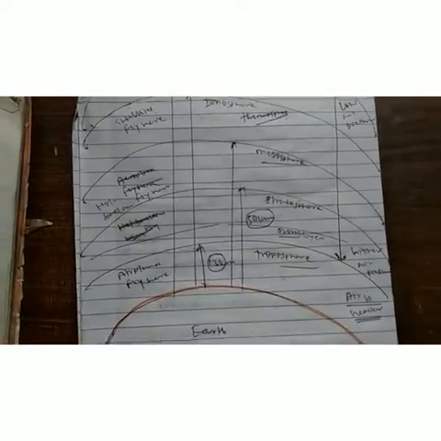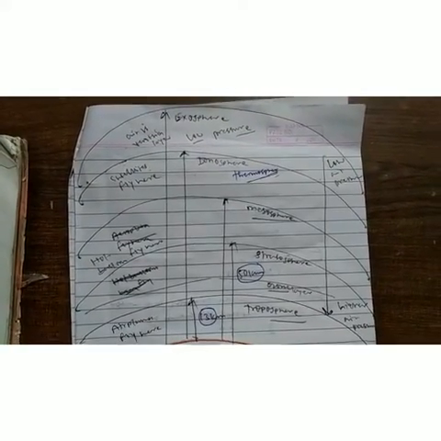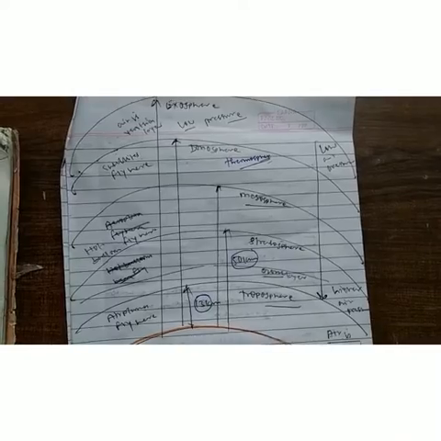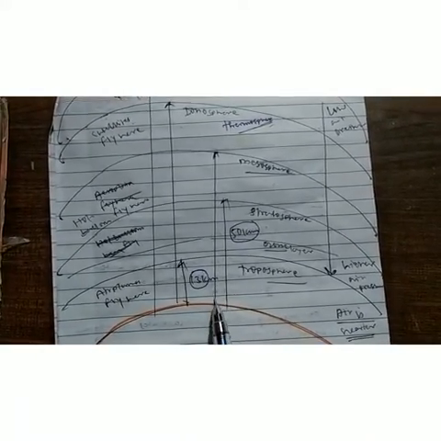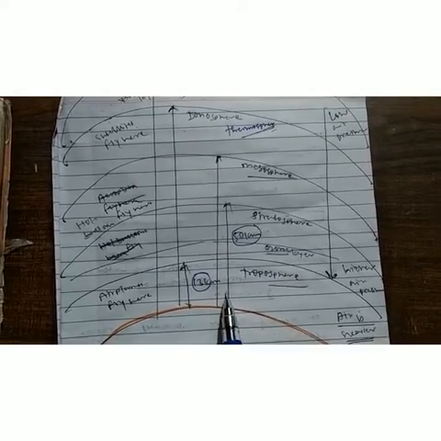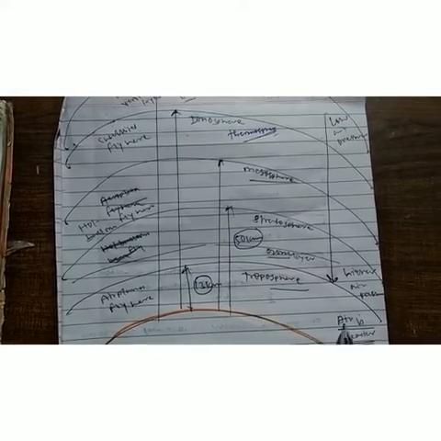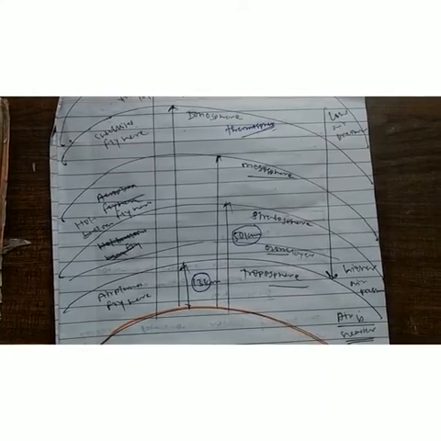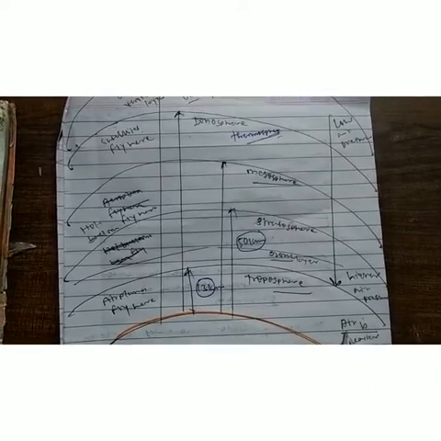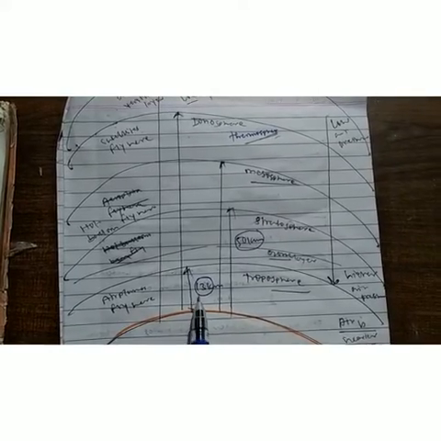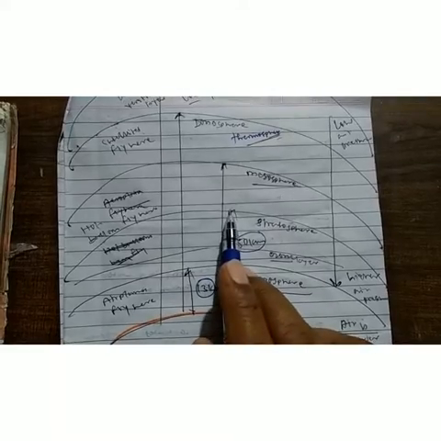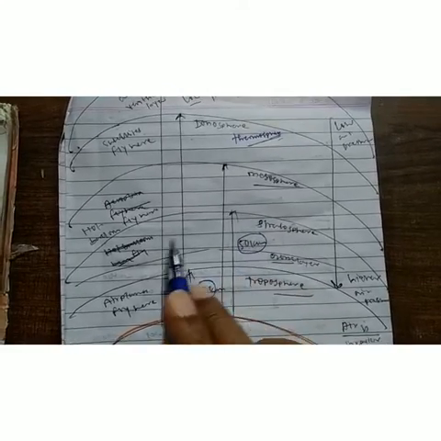Now see, here I have drawn the diagram of the atmosphere, the sphere around the earth. Here I have shown the troposphere, which extends from the surface up to 13 kilometers, and in the troposphere the air is heavier, so higher air pressure is there in this layer, and aeroplanes also fly only in this layer. After that, from the surface up to 50 kilometers is the stratosphere.